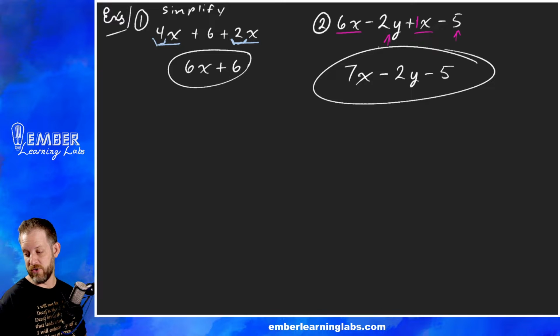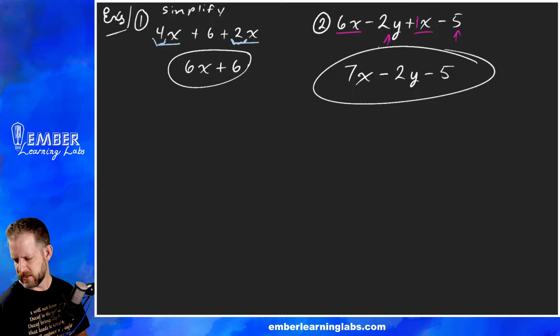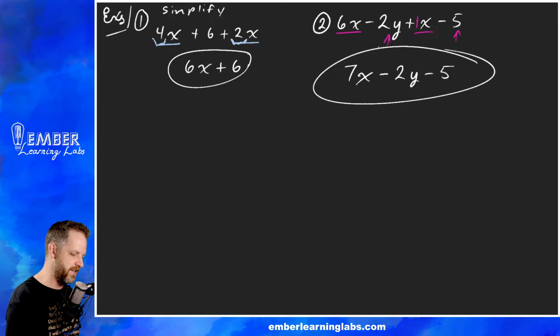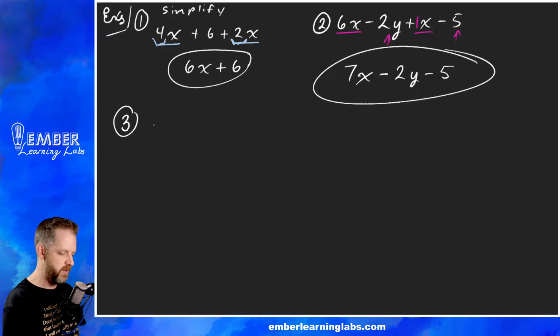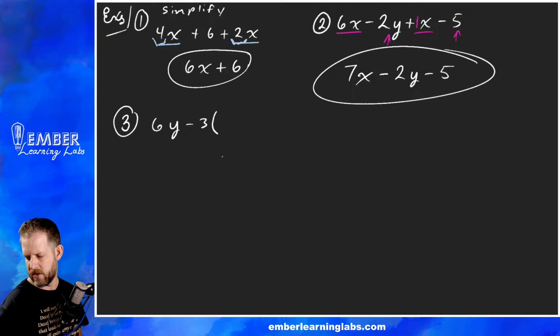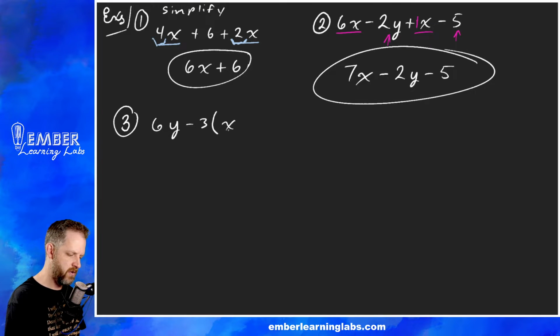Let's now do one more, which I'm going to modify a little. Yeah, I am going to modify this one a little bit from its current existence. You'll never know what it is. Don't stress about it. We're going to do 6y minus 3 times x minus 2y.